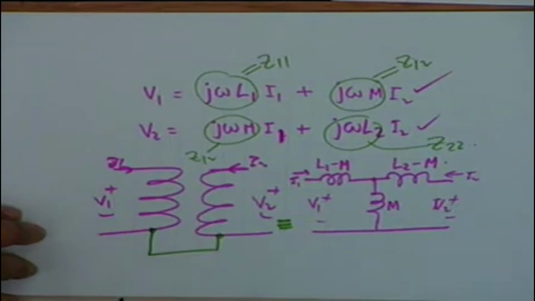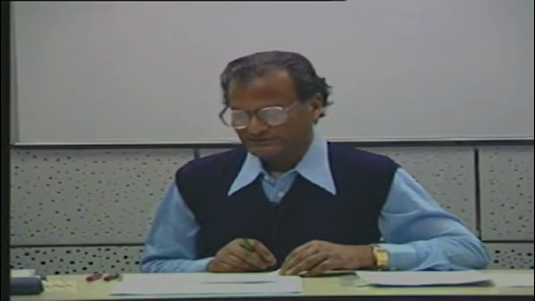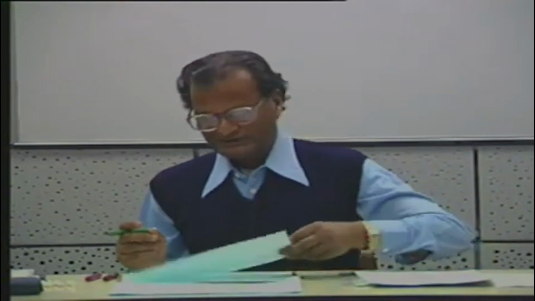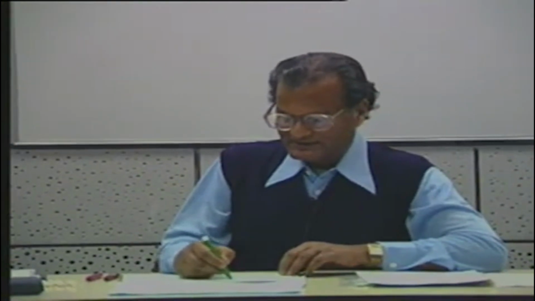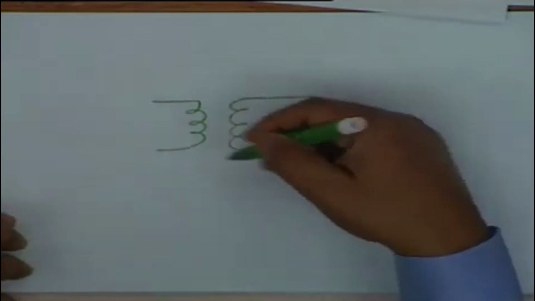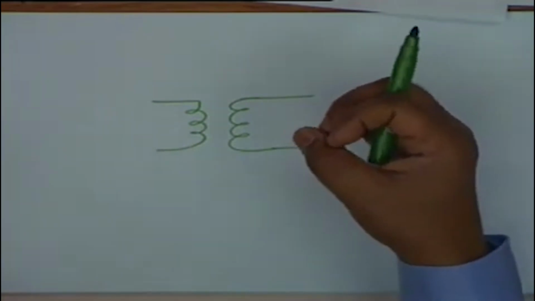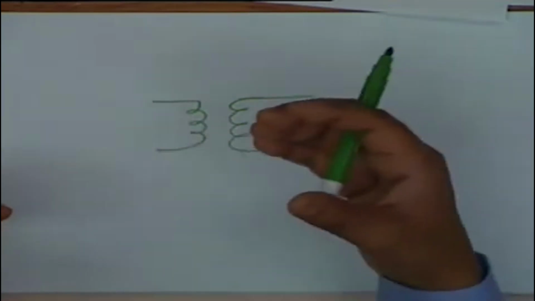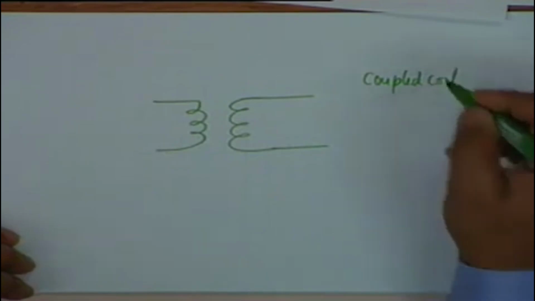Is that okay? So instead of looking at it from the OC impedance parameters, we looked at it directly in terms of the components. Well, there are two things that one should notice. Incidentally, this circuit, this two port where the fluxes generated in two coils interact with each other, is called a coupled coil system.